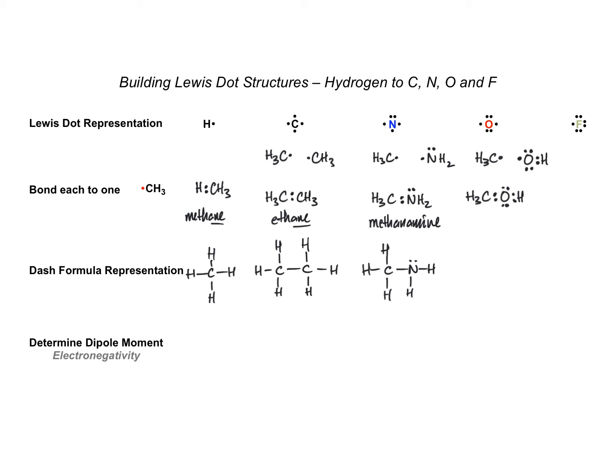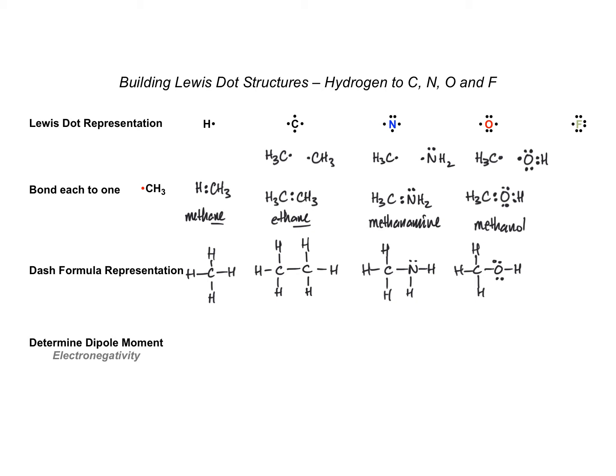So if we convert those to lines, which signifies that they're bonds, that reduces the burden a little bit. Again, this is called methanol. This is an alcohol functional group, so that's why the suffix ends in OL. Notice on the heteroatoms, nitrogen and oxygen, it's always good practice to show the lone pairs, because as we move into module 3 and we're showing how electrons move, you want to know that those heteroatoms have those lone pairs of electrons.